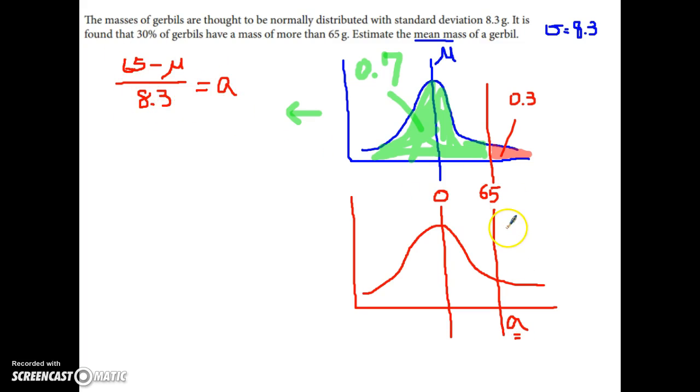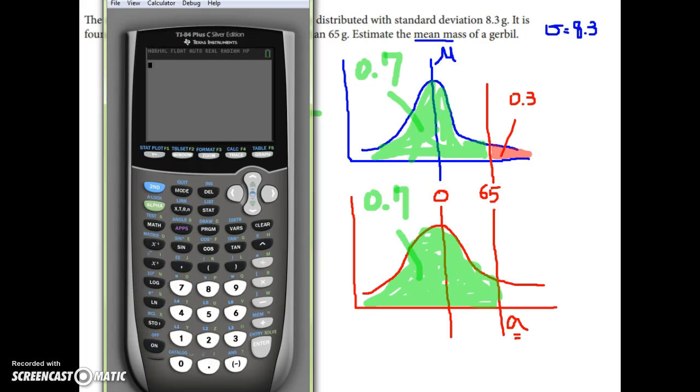But for now, let's not worry about it, because I know that this area over here, even though I'm converting it to a standard normal distribution, the area is going to give us the probability, and the probability will be the same. This is also going to be 0.7. So I can use my graphing calculator.